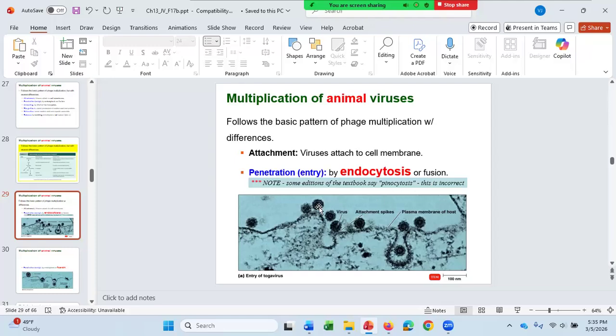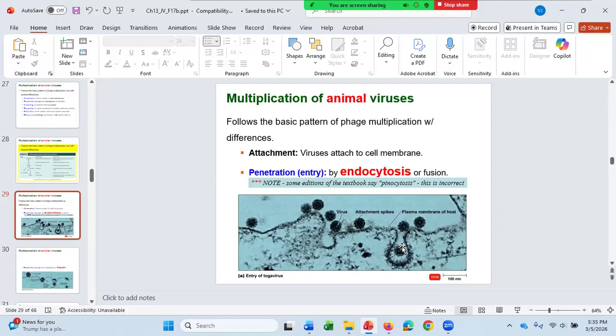Endocytosis is when the virus attaches to the cell membrane, and then the cell membrane invaginates around the virus, and that will become bigger, and then the cell membrane will pinch together right there, forming a vesicle, which will then move into the cell, bringing the virus into the cell. And that's endocytosis.